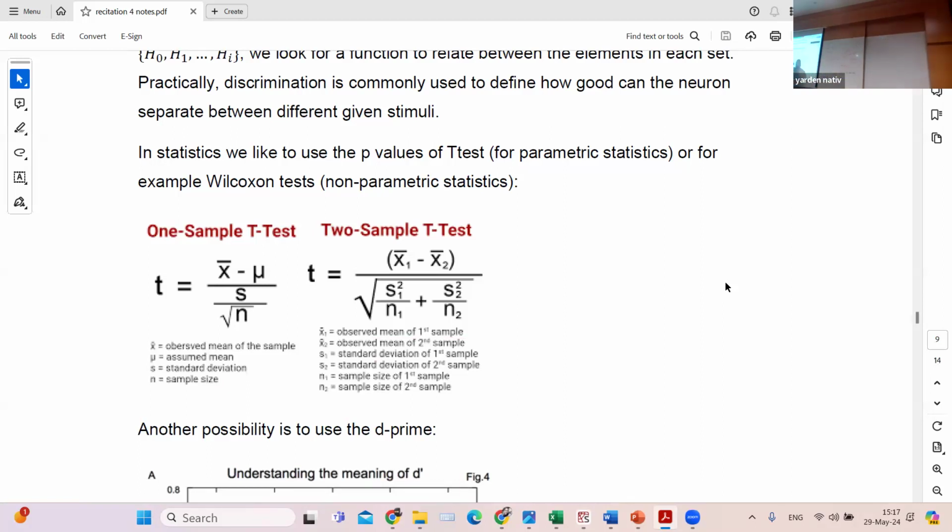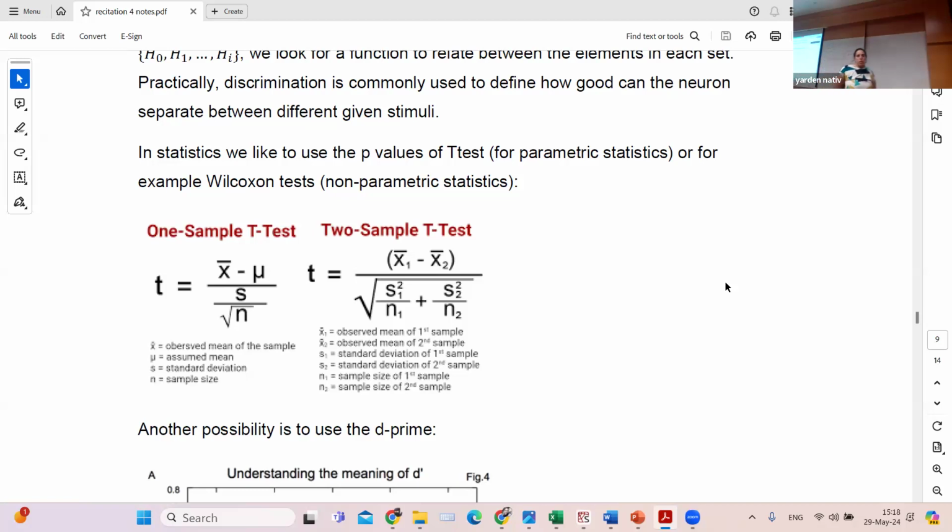That you look at your samples in relation to their average. This is a 1 sample, and this is a 2 sample t-test. And you can have, for example, the Wilcoxon signed rank or rank sum test, which looks, for example, in relation to the median, and it does not assume that it is a Gaussian or a normal distribution. Okay, so this is for statistics, and maybe you remember it, and maybe not, and it's okay.